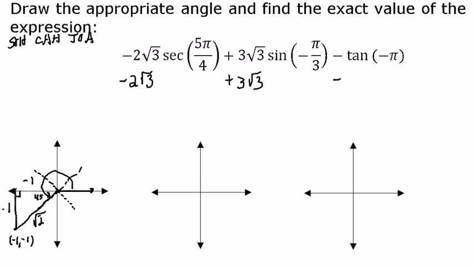Secant flips the cosine. So instead of adjacent over hypotenuse, we have hypotenuse over adjacent. So hypotenuse over adjacent would be square root of 2 over negative 1. So that's what I fill in here. I'm going to multiply by square root of 2 over negative 1.